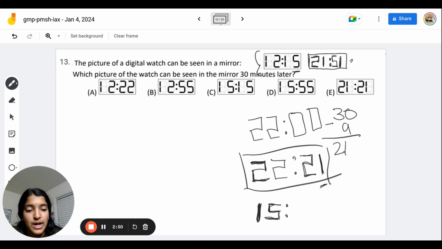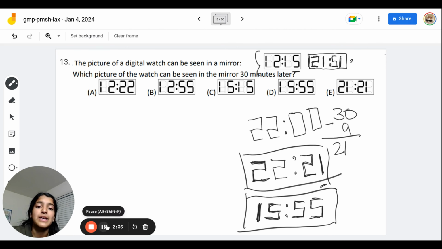And then we have 2 more 2's. So we have 2 more 5 looking shapes. And this is how it would look like after 30 minutes passed in the mirror. So we're going to look at all of our options, and the one option that does fit is D. So our answer is D.